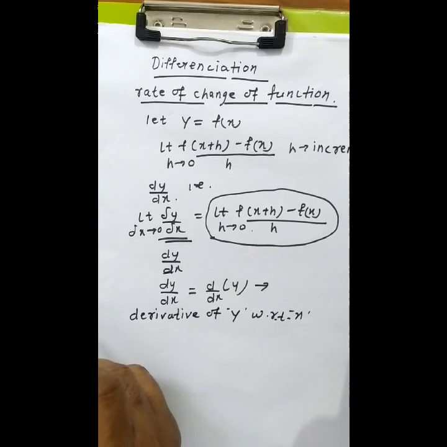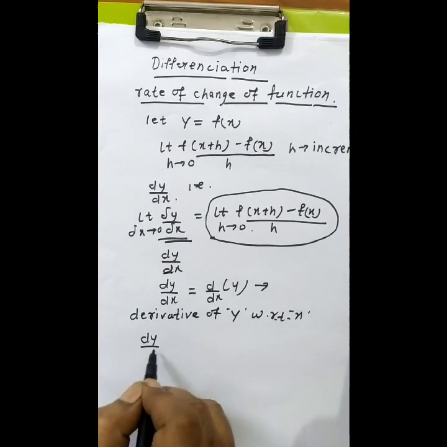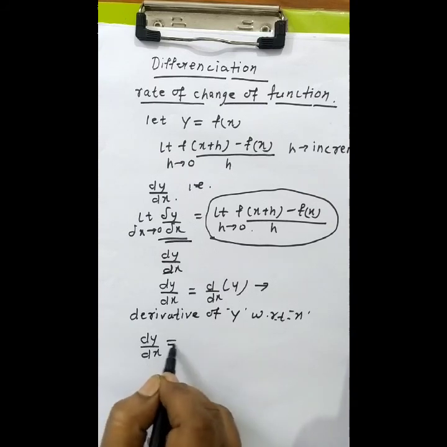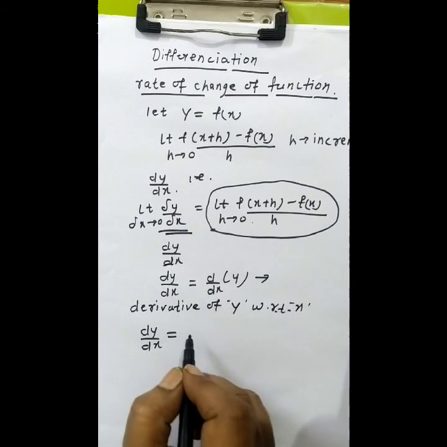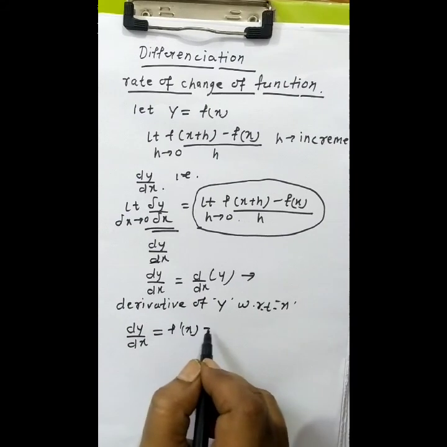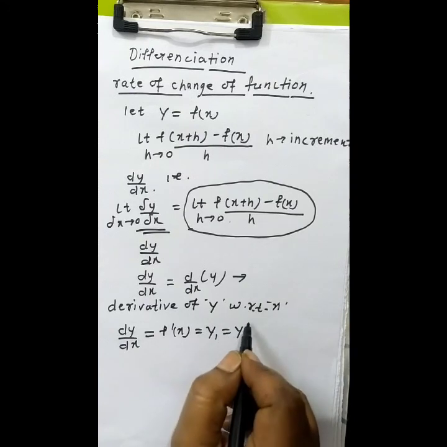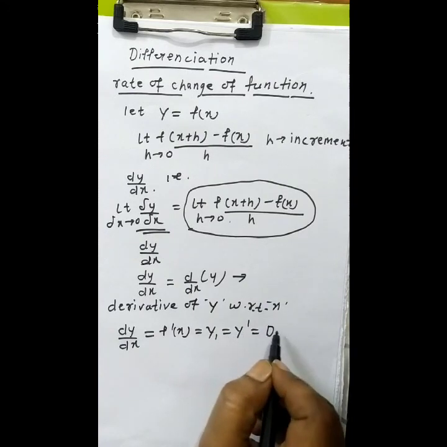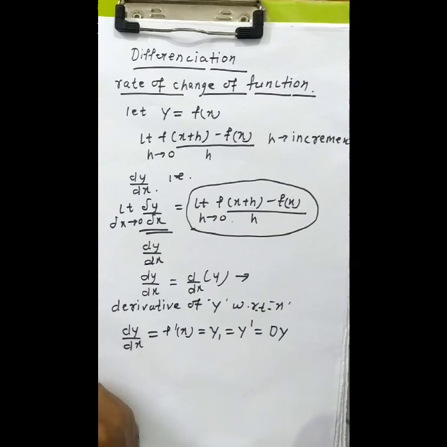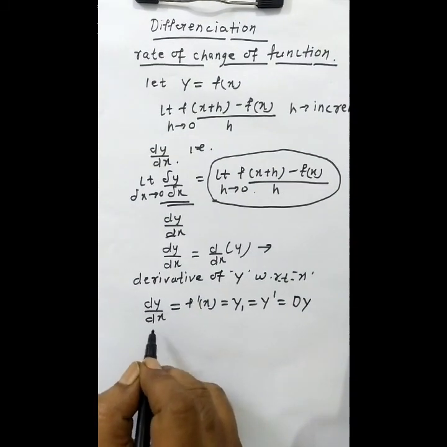Now there are some more notations for dy by dx. dy by dx can also be written as f dash x. It can also be written as y1. It can also be written as y dash. Now while writing dy by dx, you should be very careful.